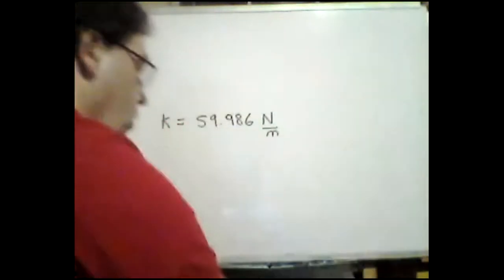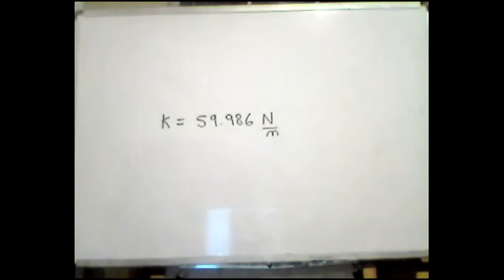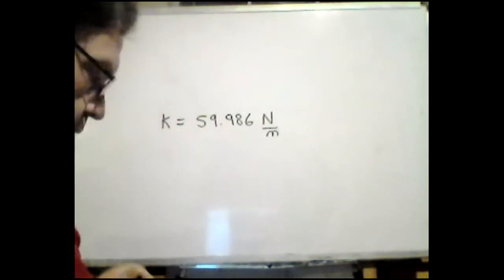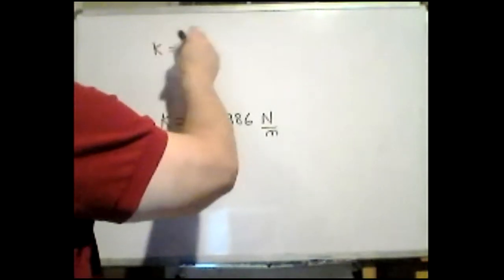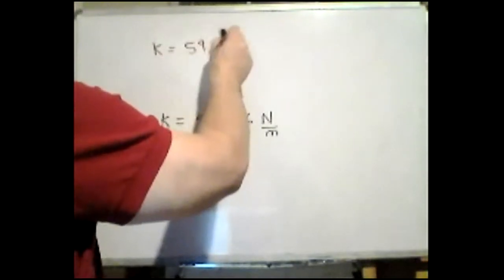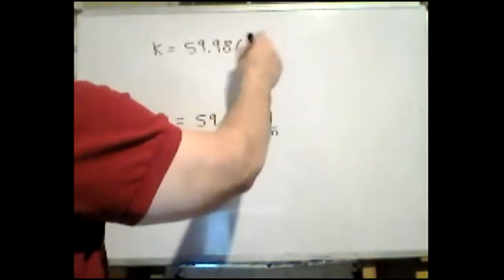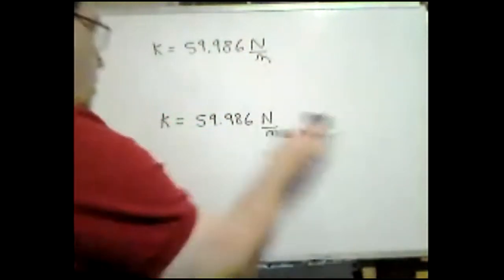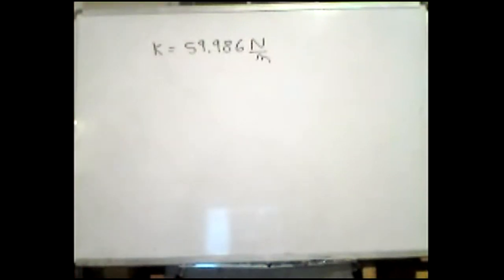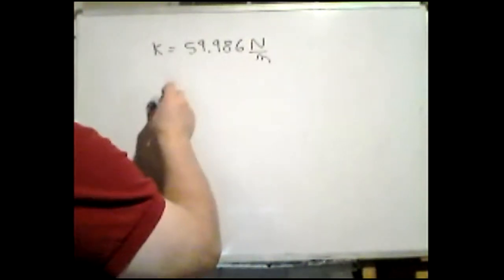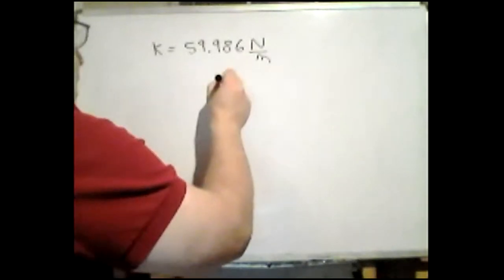All right, so what I've determined already in this lab is the spring constant of my spring. So K is 59.986 newtons per meter. Now, I don't know m, but again, what am I going to do? Well, I'm going to do that same experiment.